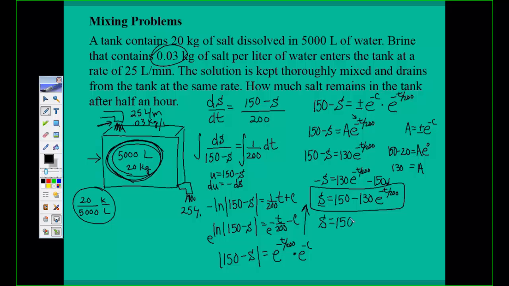Now this problem is given in minutes. The rates of changes are liters per minute, so we're working in minutes. So t at a half hour would be 30. Now we can solve for S, the amount of salt in the tank at a half hour. So if you were to solve this, you'd get the amount of salt is 38.1 kilograms.